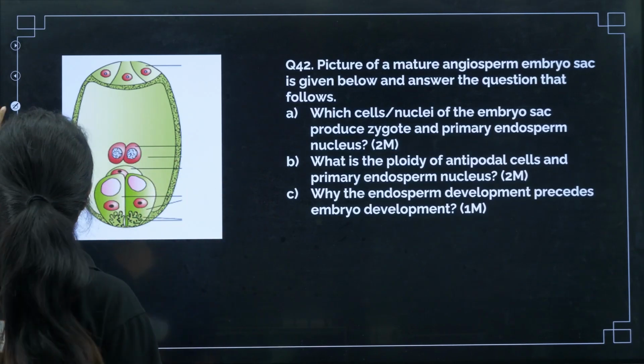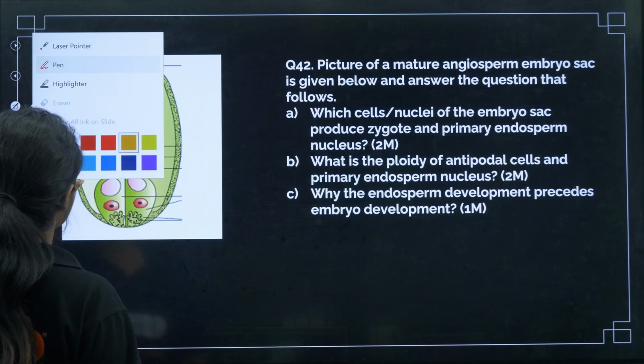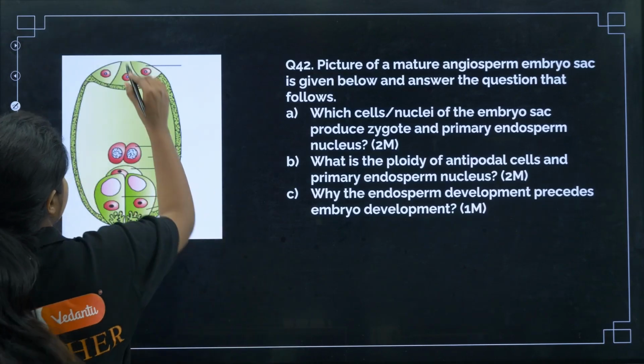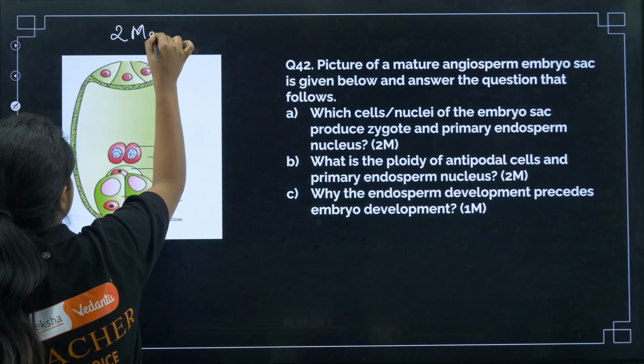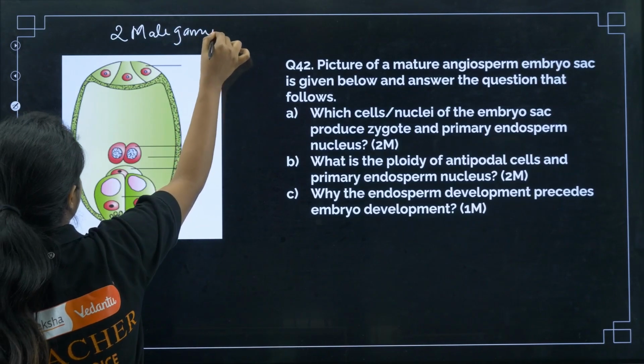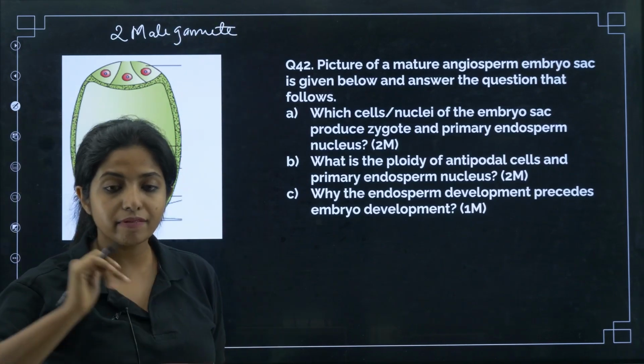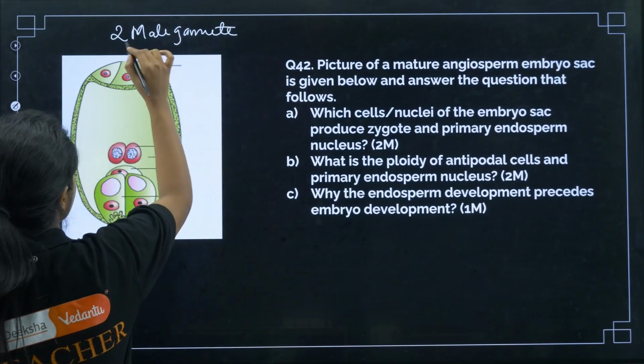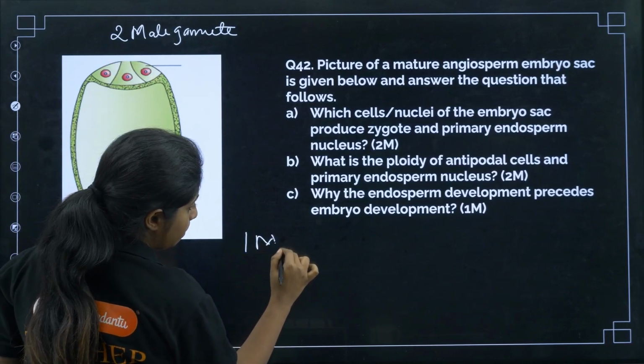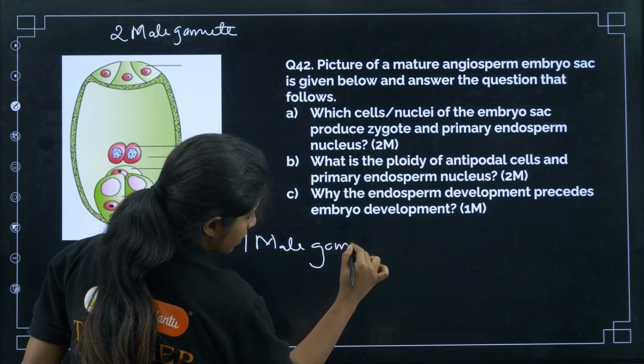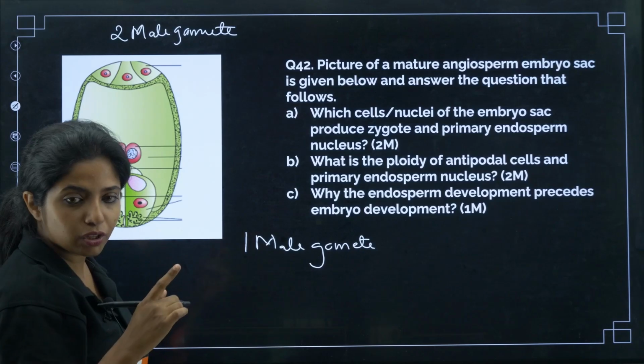Again, let's hear a story. So when the pollen grain comes, it brings 2 male gametes. One male gamete will be like, the egg cell is mine, I will be fusing with the egg cell. So one male gamete fuses with one female gamete, my dear children. How much DNA, how many chromosomes do they have?